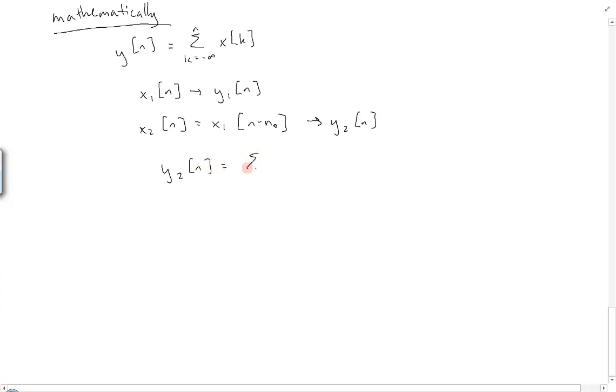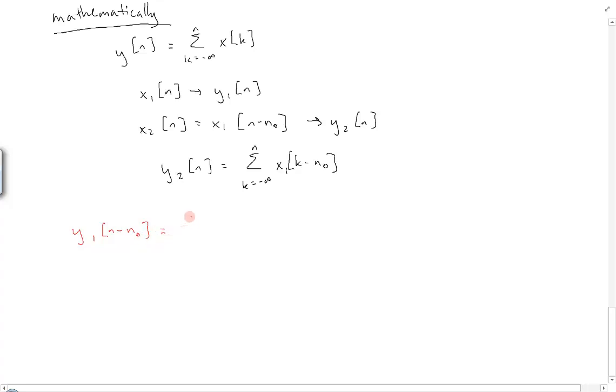So let's write out what y2 is equal to. y2 is going to be, again, defined by our system definition. It's going to be the summation of all the x's, but each one of those got shifted by a value n0. So this is what it's going to look like. All the x1s shifted by n0. Let's at the same time take a look at what is y1 shifted by n0, since that's what we expect the output to be equal to if this is a time-invariant system.